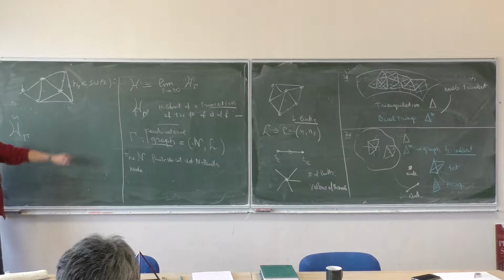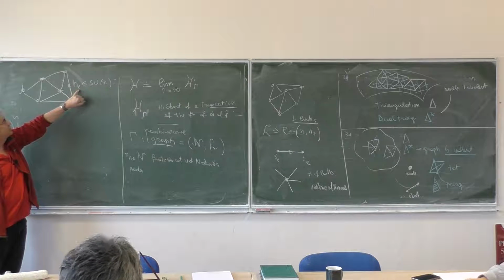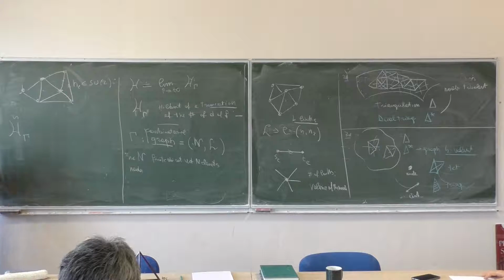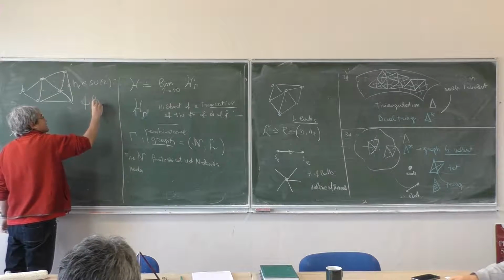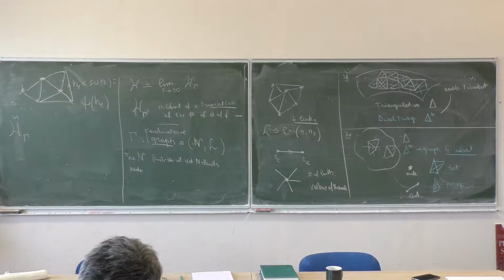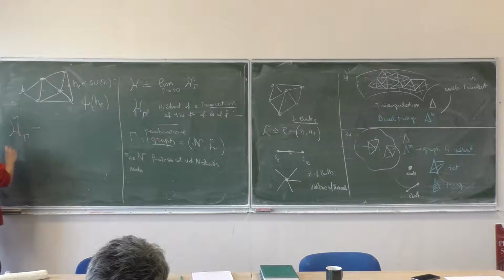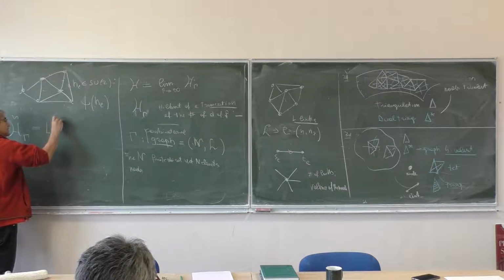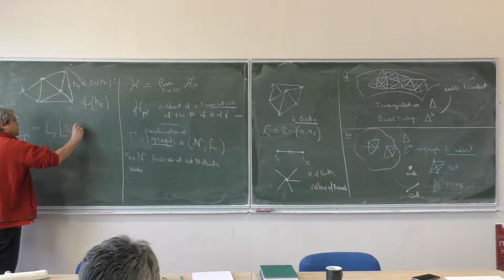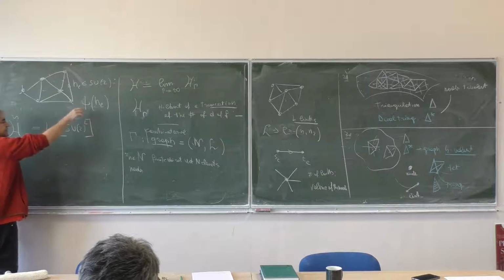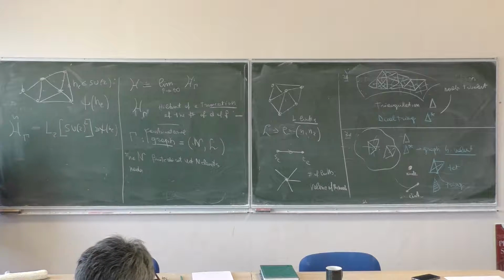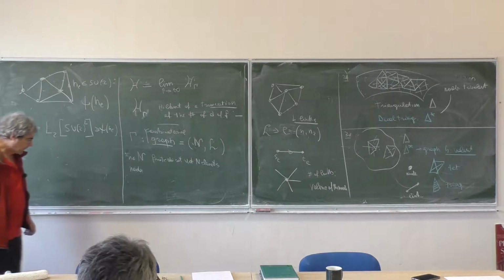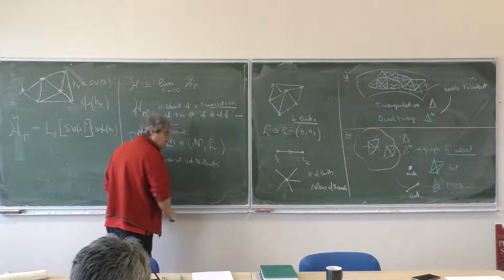So you have one SU(2) element for each link, L elements, and you consider wave functions which are functions of these L elements of SU(2). The Hilbert space is just L2 of SU(2) to the L, namely the set of these wave functions. That's the home in which we're going to work.